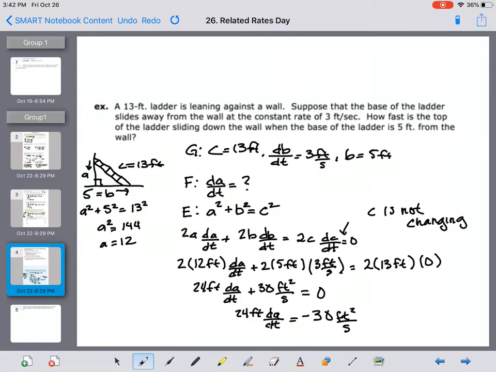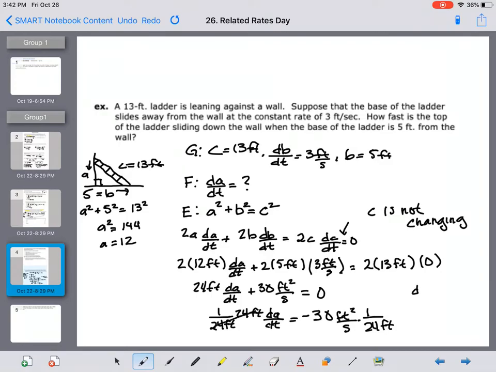Okay, and then the last step for us to do is to divide by 24 feet, or multiply both sides by 1 over 24 feet. Remember, division is just the multiplication of the reciprocal. So that's going to cancel out.